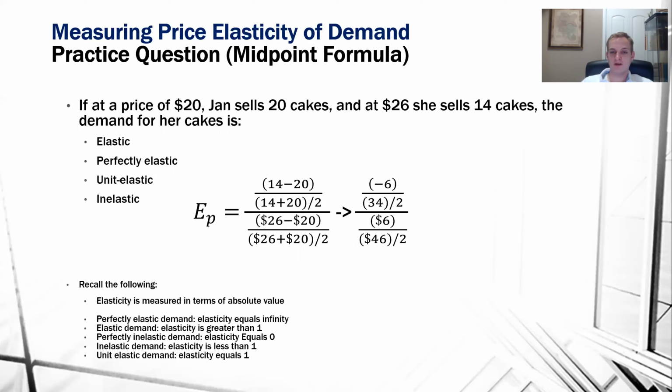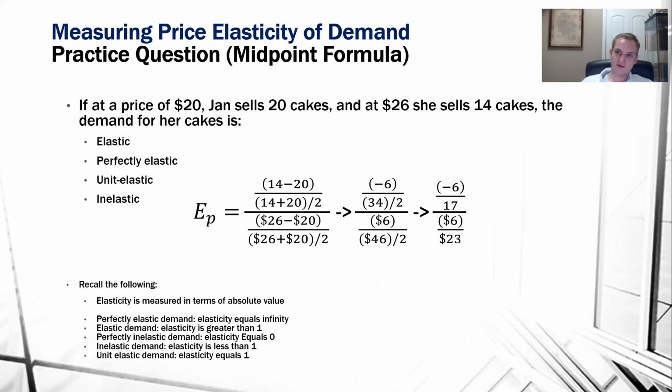So 14 minus 20 gives us -6. 14 plus 20, because in our parentheses we can do that separate from the 2 that we are going to ultimately be dividing by, gives us 34. 26 minus 20 gives us 6. 26 plus 20 gives us 46. So we have -6 over 34 over 2, and then we take the absolute value of that, and all of that goes over 6 over 46 over 2.